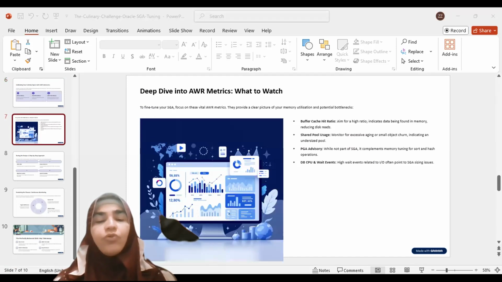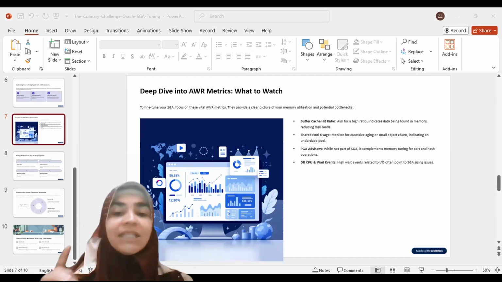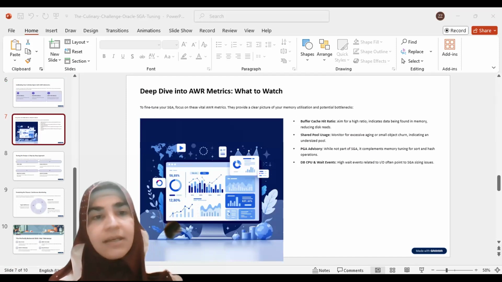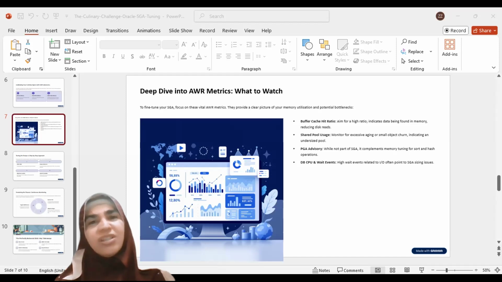Of course, advisories are not the only thing we look at, right? AWR also gives us critical metrics that tell the real story. Keep an eye on the buffer cache hit ratio. The higher, the better, because it means that the data is being read from memory instead of the disk. And watch your shared pool usage. If you see too much churn or aging, your shared pool is undersized.